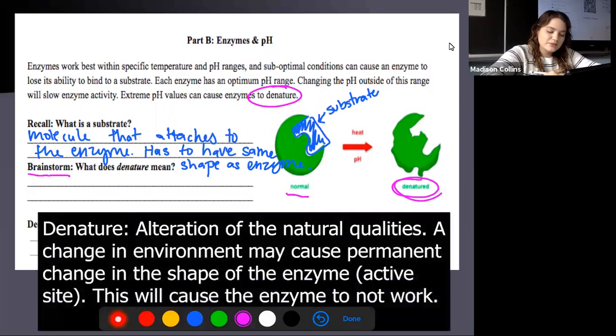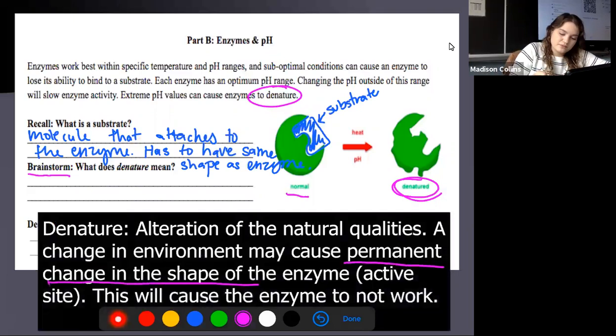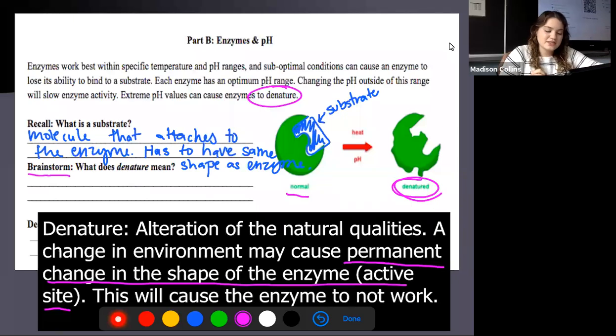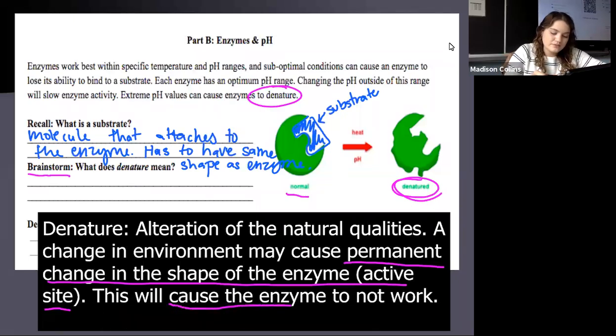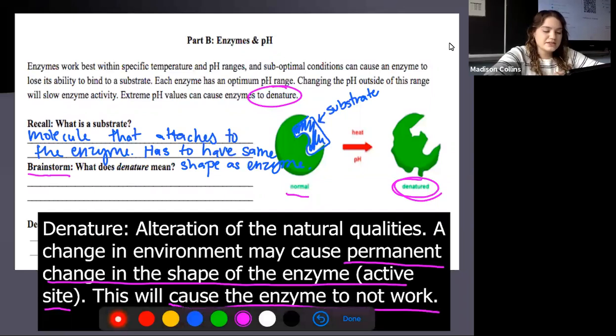So a change in the environment may cause permanent change in the shape of the enzyme or the active site. And because we've got a change in that active site, this will cause the enzyme to not work. So denaturing means that you're going to change the shape of that enzyme. It almost looks like the enzyme is melting because that enzyme is changing shape.